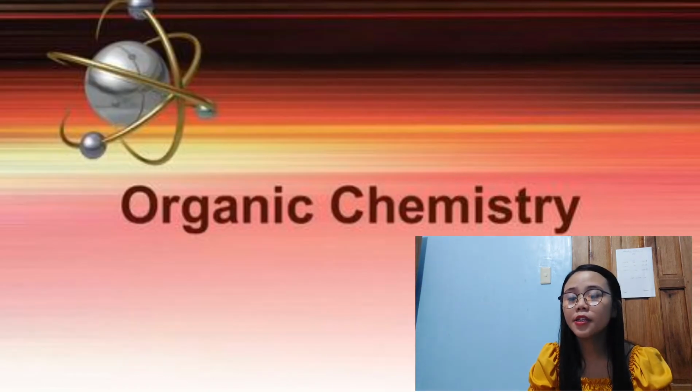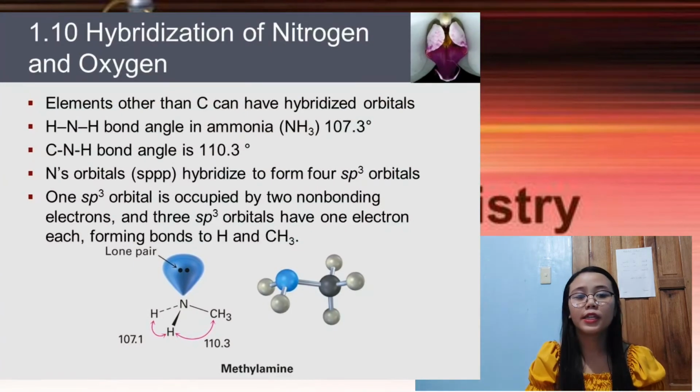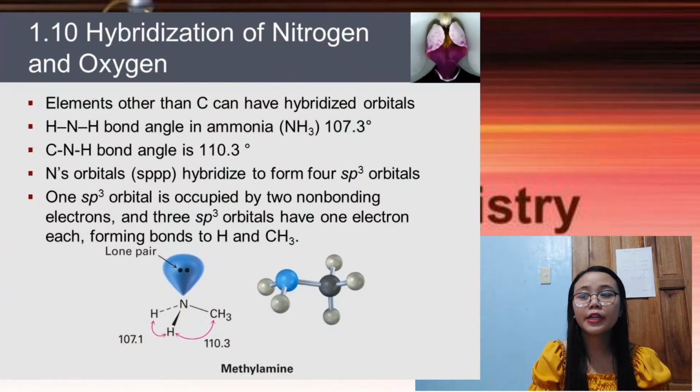And now let's move on to hybridization of nitrogen and oxygen. Elements other than C can have hybridized orbitals. The H-N-H bond angle in ammonia, NH3, is 107.3 degrees. The C-N-H bond angle is 110.3 degrees. The N 2s and 2p orbitals hybridize to form 4 sp3 orbitals.